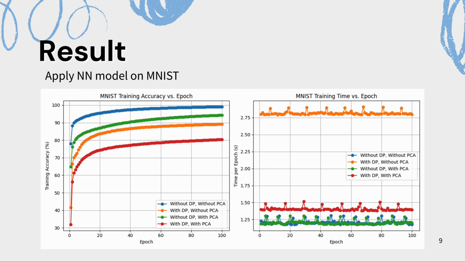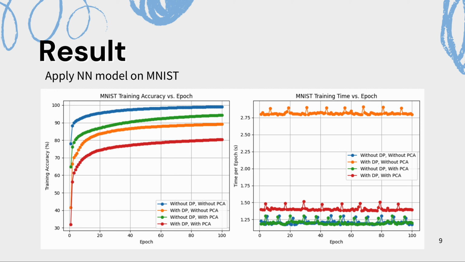Now let's talk about the results of applying a neural network to the MNIST data. In this graph, the y-axis represents training accuracy, and the x-axis shows the number of epochs. The blue line represents the model without differential privacy and without PCA, while the green line shows the model without DP but with PCA.